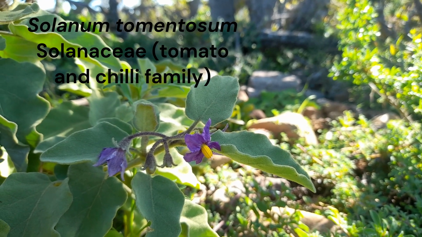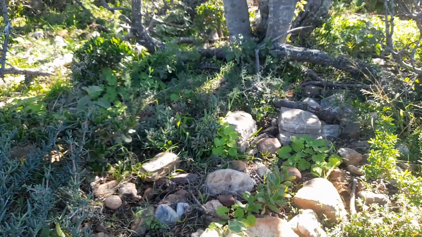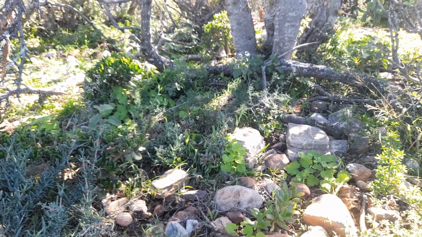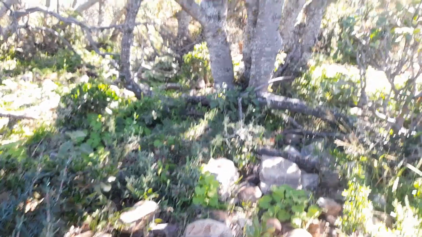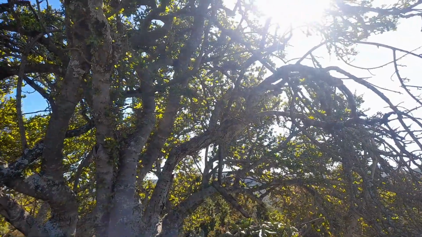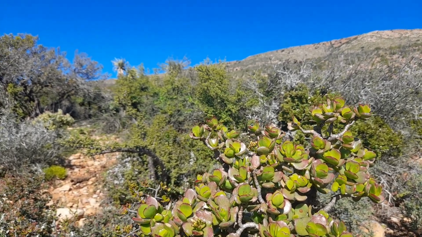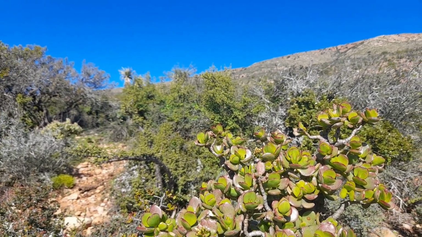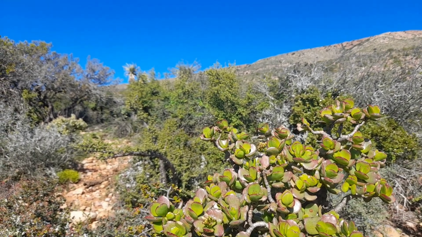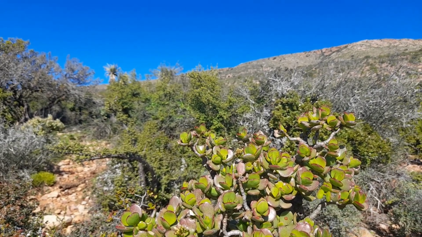And under the shade of a large Pappea tree, Solanum tomentosum, some Pelargonium there, some grasses, Eragrostis obtusa. So these are just some examples of the diverse array of life forms and growth forms in arid thicket, all in a pretty small area, about 200 square meters or so, that I've walked through in this video.